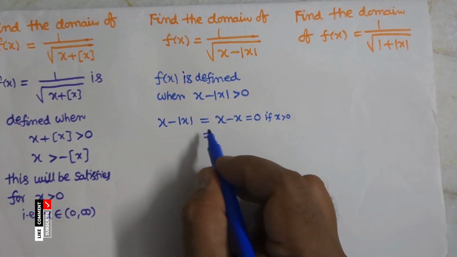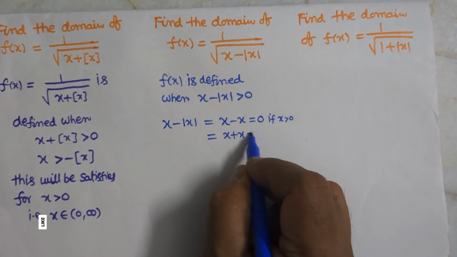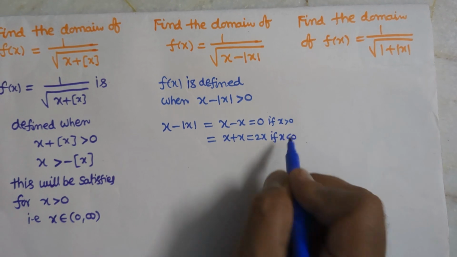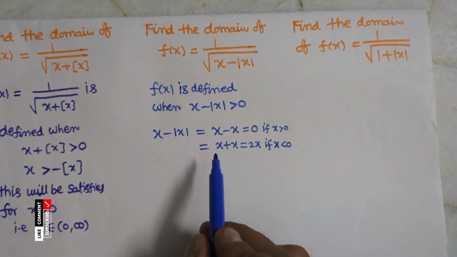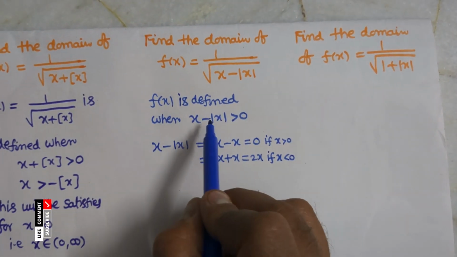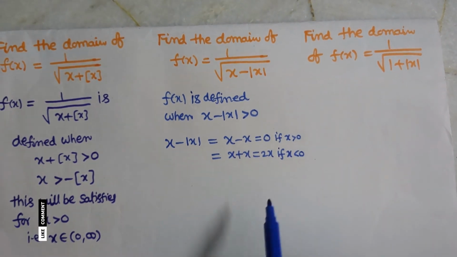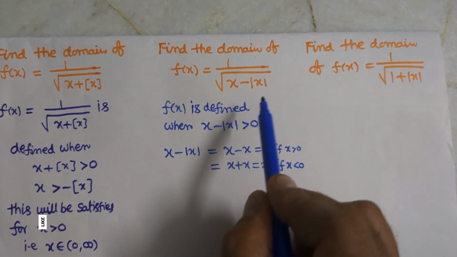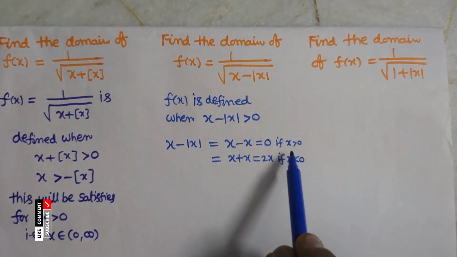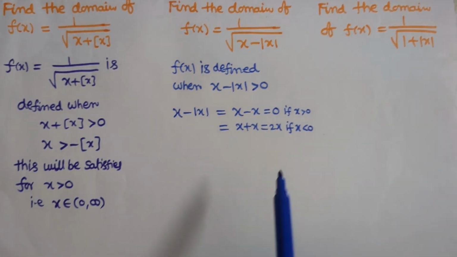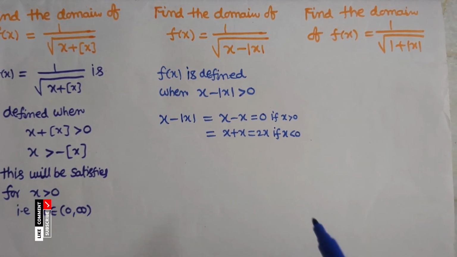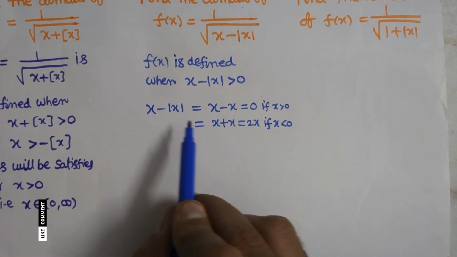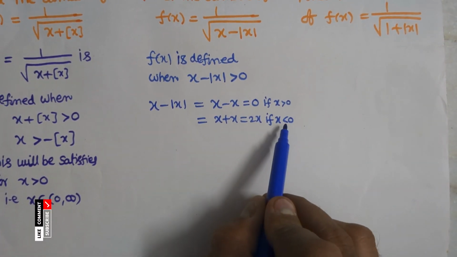So x minus mod x equal to x plus x, that is equal to 2x, if x is less than 0. You understand that x minus mod x is greater than 0 means x greater than 0 only it is defining? Hmm, but when x is greater than 0, x minus mod x is 0, not greater than 0. So x minus mod x equal to 2x, x is less than 0.